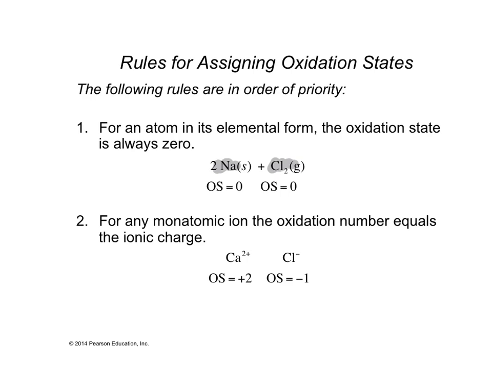I just want to note really quickly that a lot of times I will use OS, which is just short for oxidation state. This isn't its own special thing, it just means this is the oxidation state of this species. So sodium, oxidation state of 0, chlorine, oxidation state of 0, because this is how we would find them in their elemental form. Chlorine is a bit of an odd one, right?